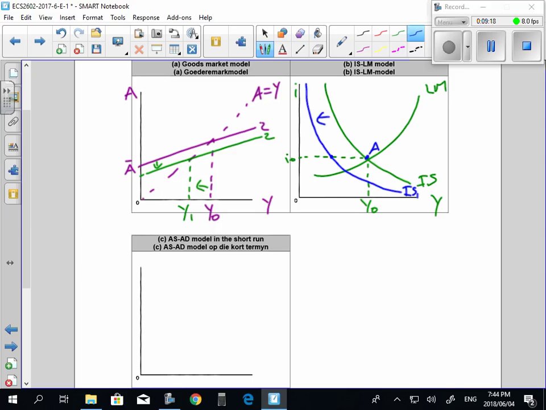Now you need to remember in your ISLM model, when you shift your IS curve, you have 3 points that you need to mention, okay? You've got point A, you've got point B, which is a disequilibrium point, and you've got point C, which is your new equilibrium point.